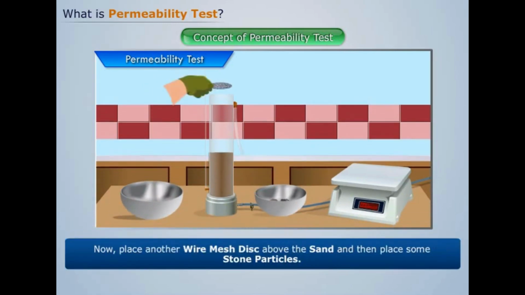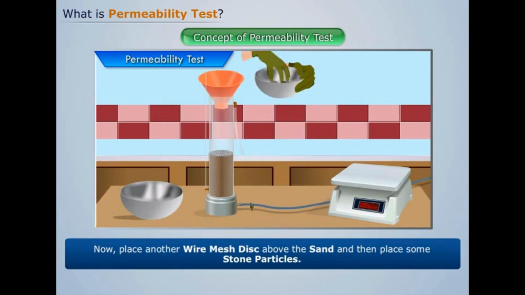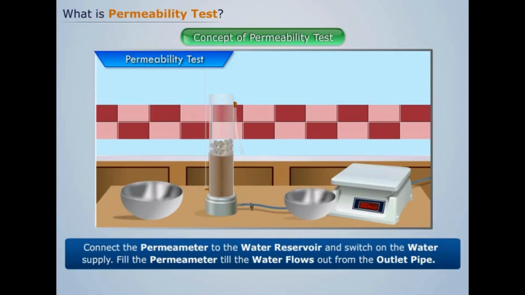Now place another wire mesh disc above the sand, and then place some stone particles. Then connect the permeator to the water reservoir and switch on the water supply.